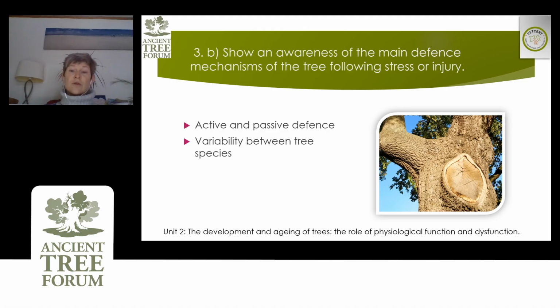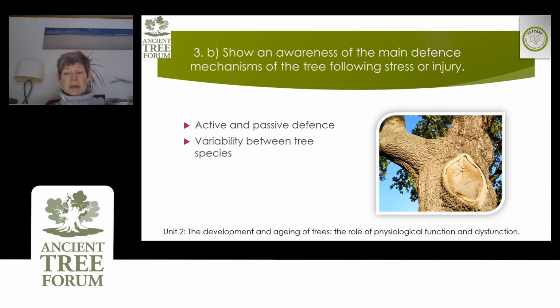We need you to be able to show an awareness of the main defence mechanisms of the tree following stress or injury, and the fact that there's active and passive defences, and that those vary between tree species. Now, we wouldn't expect a practitioner to know the full details of the variability between tree species, but that there is a variability between tree species. An example of passive defence would be thick and coarse bark, or low oxygen content of sapwood, which actually prevent the development of decay fungi.